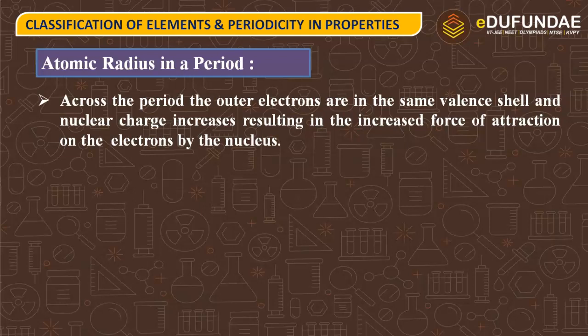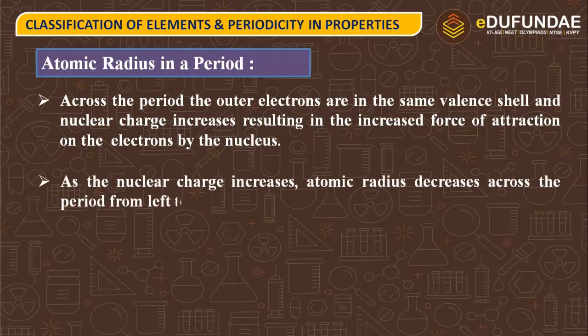How? Number of electrons जब increase करेंगे, then nuclear will have to strongly pull those outermost shell electrons towards itself, which is increasing the effective nuclear charge, and as a result of which the atomic radius decreases.